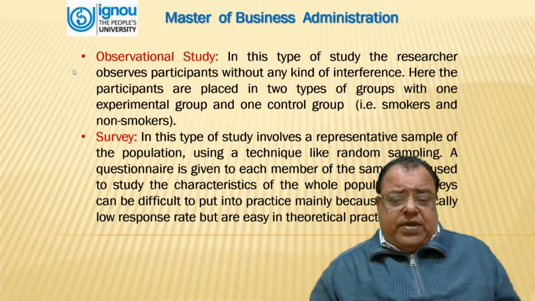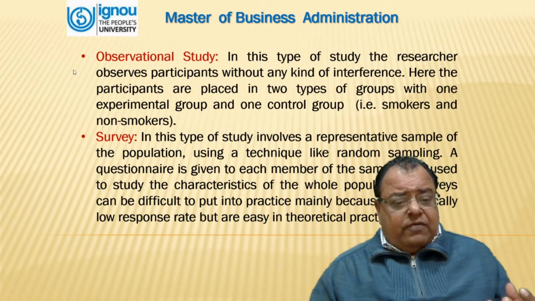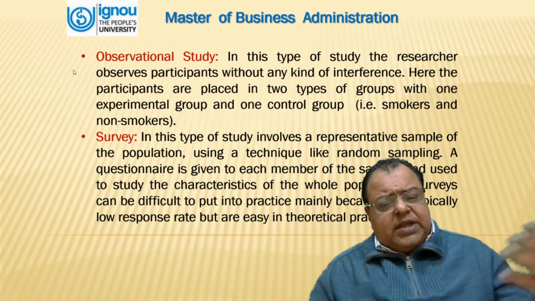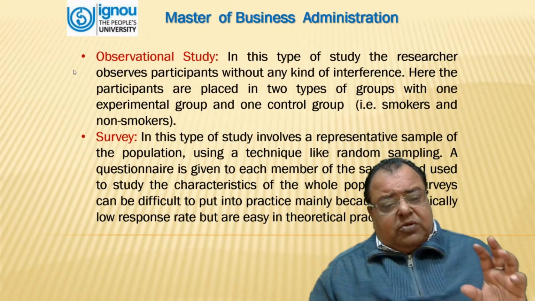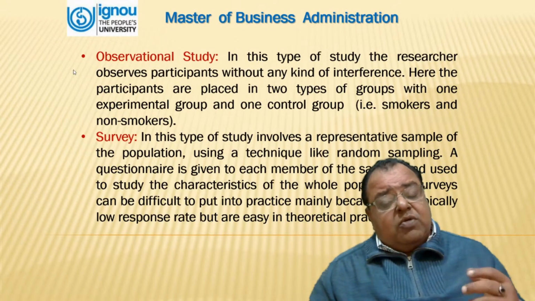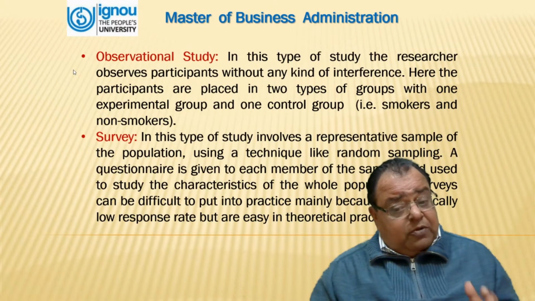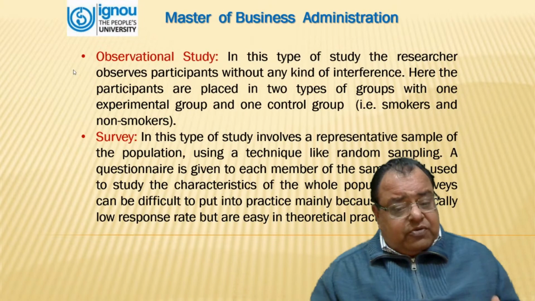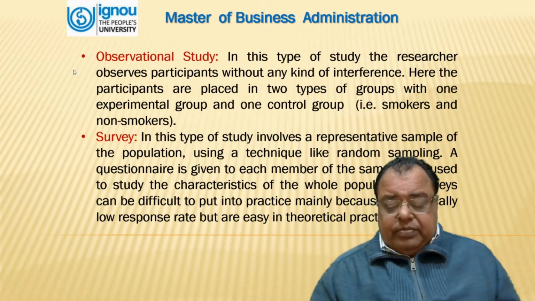This type of study involves a representative sample of the population, using a technique like random sampling. A question is given to each member of the sample and used to study the characteristics of the whole population. Surveys can be difficult to put into practice mainly because of a typically low response rate, but are easy in theoretical practice.